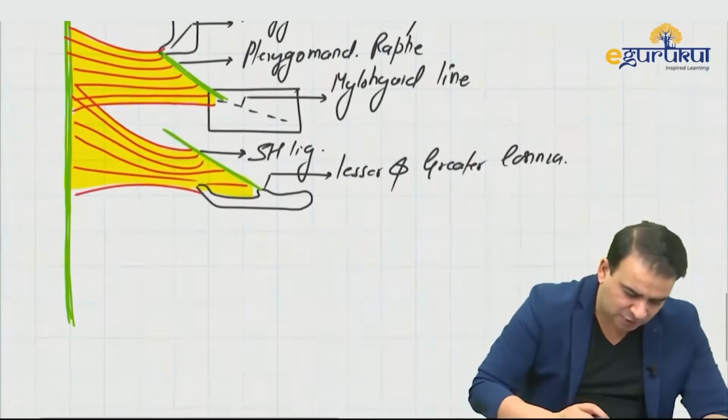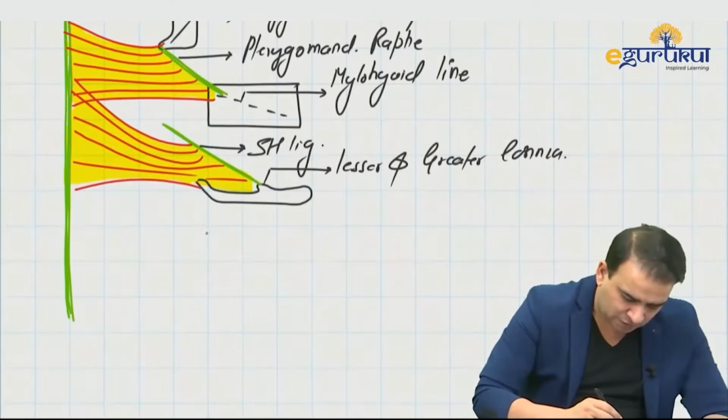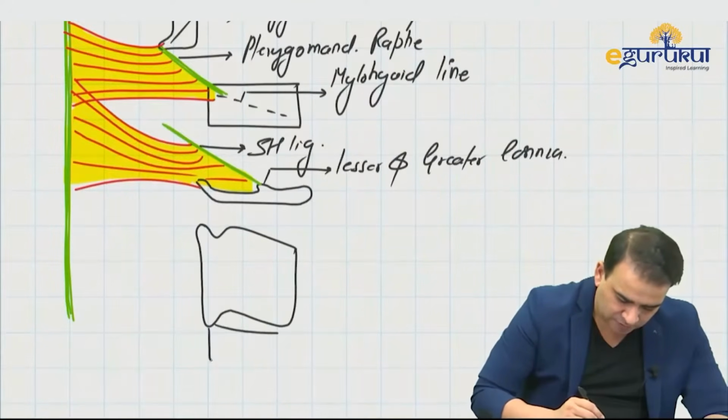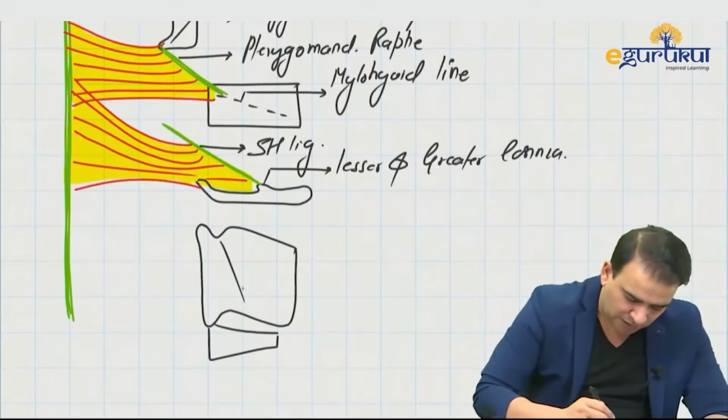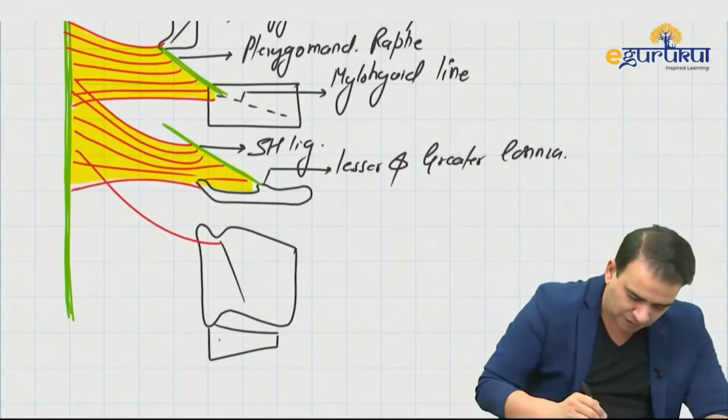Whereas the inferior constrictor muscle, we said, has two parts, one from the thyroid and one from the cricoid cartilage. So once again, if I sketch this thyroid cartilage here, there is a cricoid, that's the oblique line. Here we've got the muscle overlapping.